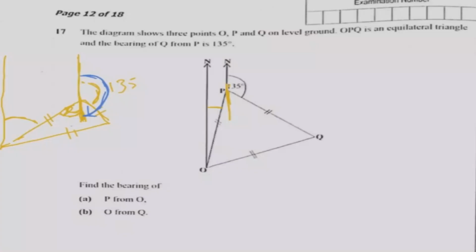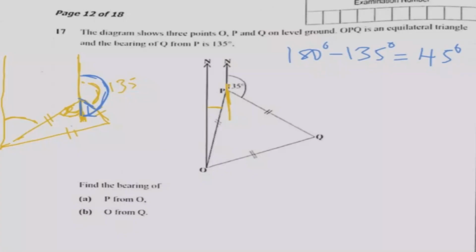So for us to find this angle here, we just subtract 135 from 180. 180 degrees minus 135 degrees will give us 45 degrees. That is the value of that angle. That is the bearing there.